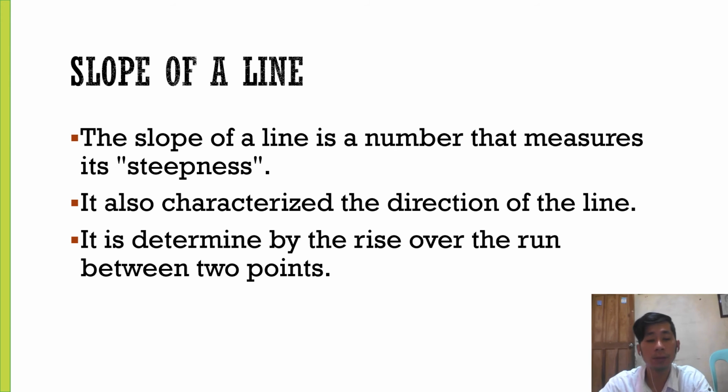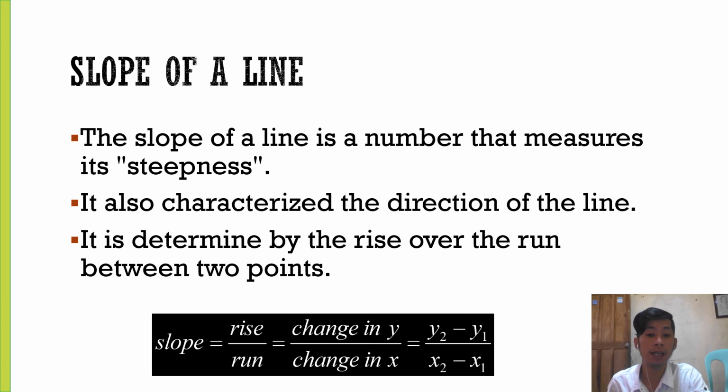So, to find the slope of a line, let's first define what is slope of a line. The slope of a line is a number that measures its steepness. It also characterizes the direction of the line. It is determined by the rise over run between 2 points. So let me present to you the formula on how to find the slope of the line.